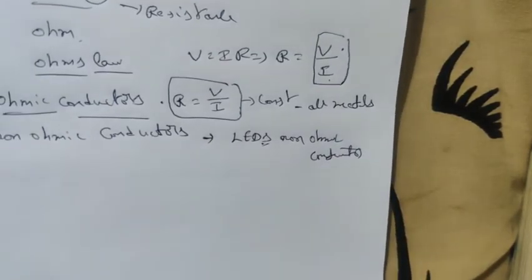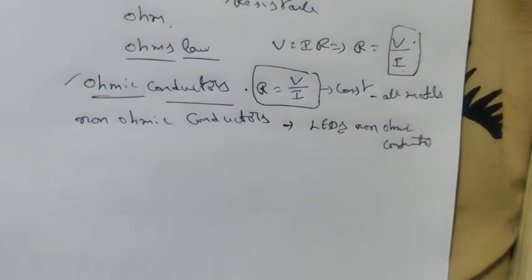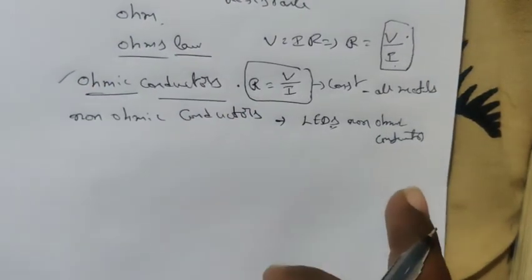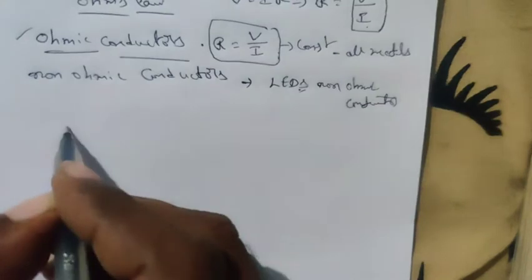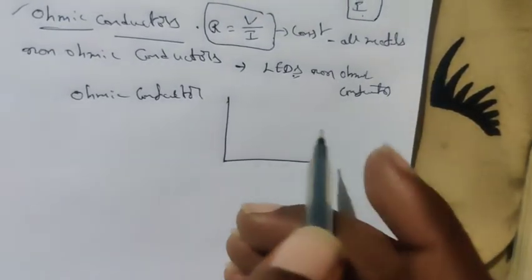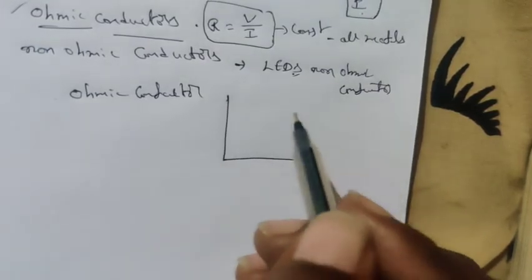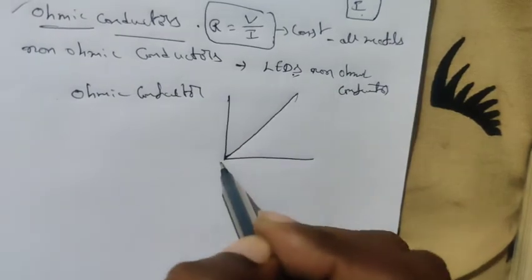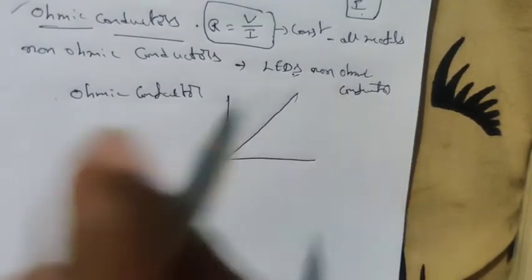What I want to say is, the conductors which follow Ohm's law are called ohmic conductors. If we draw the graph for ohmic conductors, potential difference and current, you get a straight line passing through the origin.